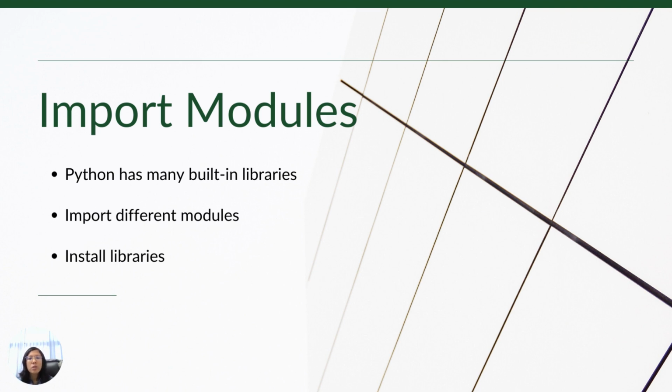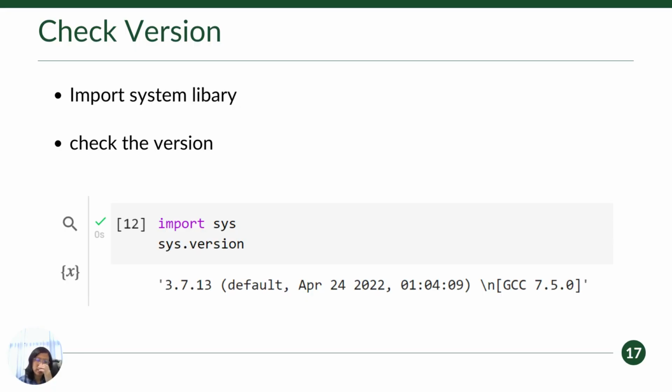But sometimes you need to install a library to be able to use it. I'm going to give you an example. Right now, I want to check the version of Python. I need to use the SYS library, the system library, so I need to use a keyword called import. Import SYS. I need to import this library first before checking the version.